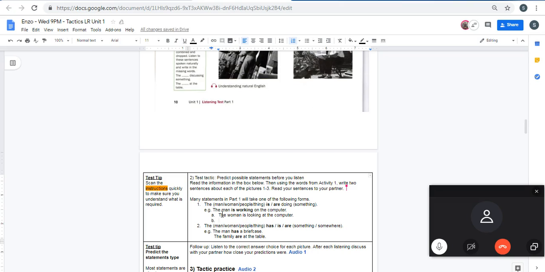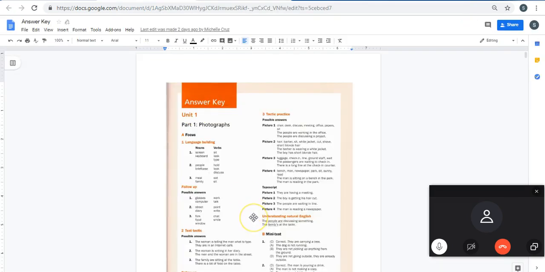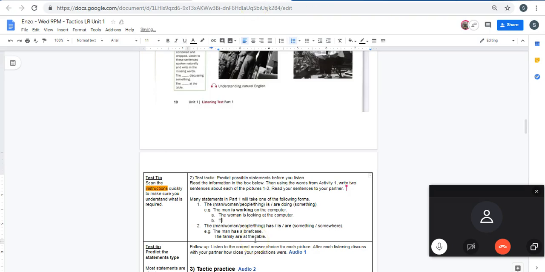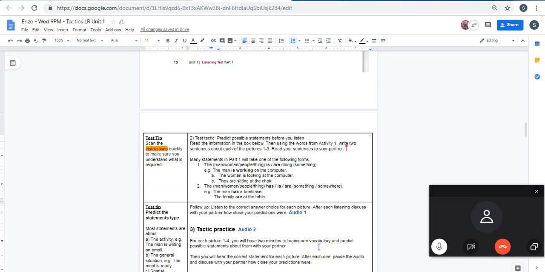They are sitting on the chair. Okay, so we'll try to check this later by listening to the audio.